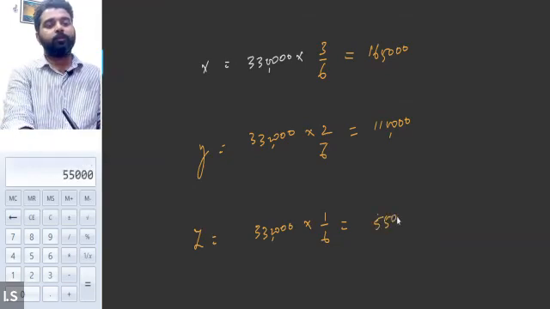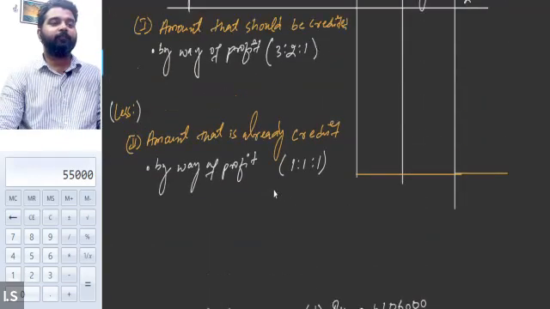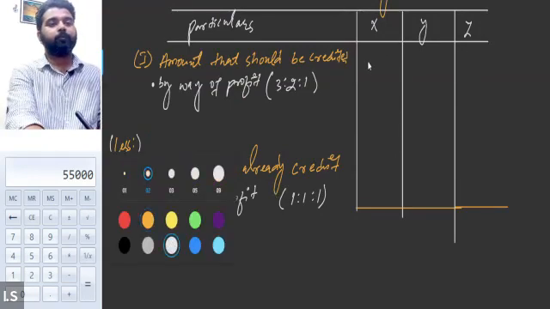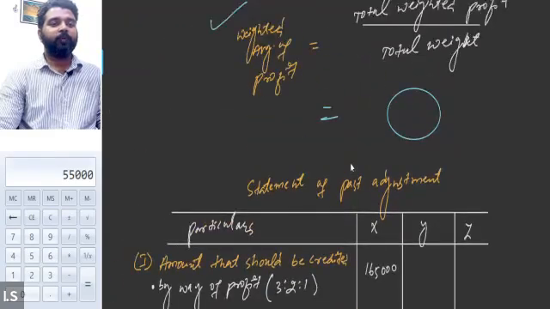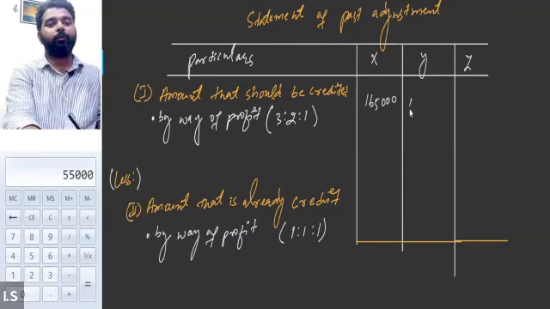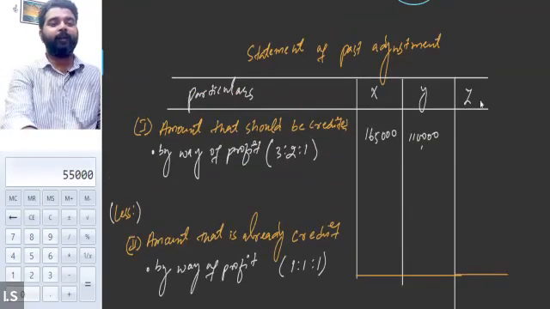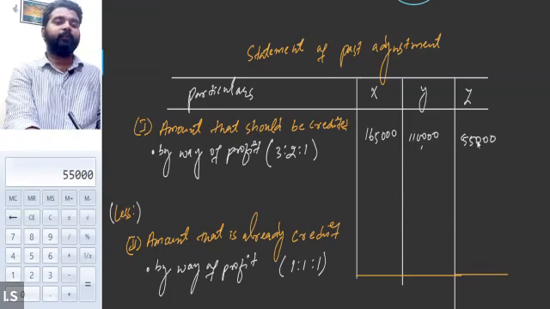So this should be credited to the partners' capital accounts. 1,65,000 should have been credited in the capital account of X, 1,10,000 in the capital account of Y by way of profit, and in Z's capital account 55,000 should have been credited. Am I right? The entire amount of profit should have been divided like this.